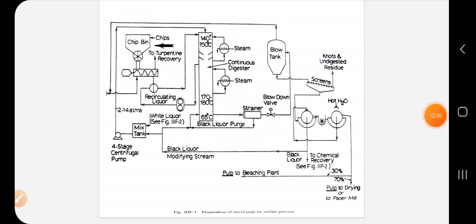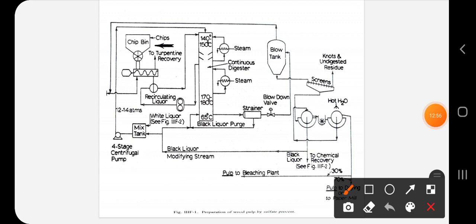From this strainer, black liquor as a side stream is removed from the system, and the pulp liquor slurry passes through the blow down valve and enters the blow tank. You can see a valve placed just after the strainer, taking this pulp liquor into the blow tank from here.